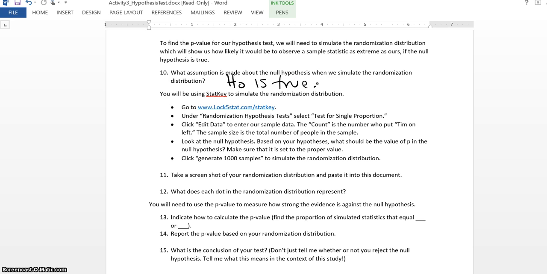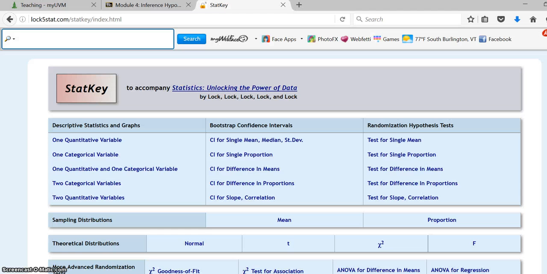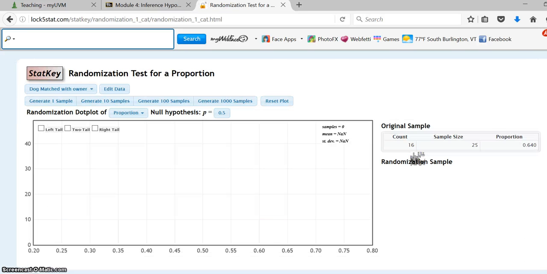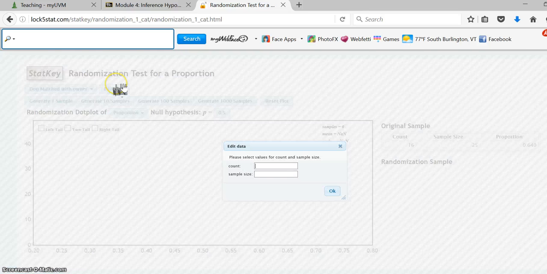So I'm going to go to StatKey and simulate the randomization distribution. So here in StatKey, since we're doing a test for a single proportion, I'm going to edit the data to reflect my own data. We had 50 who said Tim on the left out of 77 total sample size.